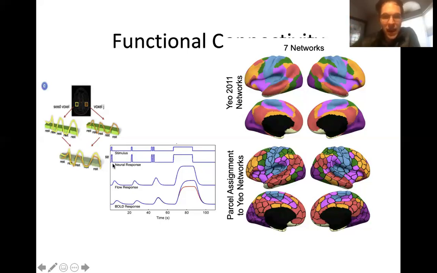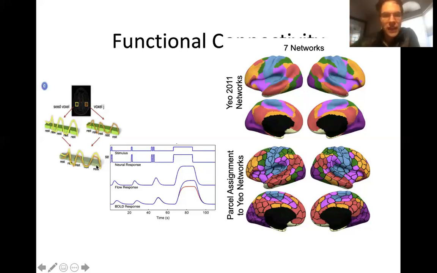And then say we have a little electrode put into the visual cortex, then we would have a spike in the response. You very quickly show the stimulus, and then the spike happens, but when the stimulus is gone, the spike stops.